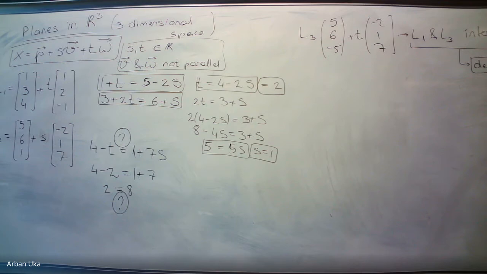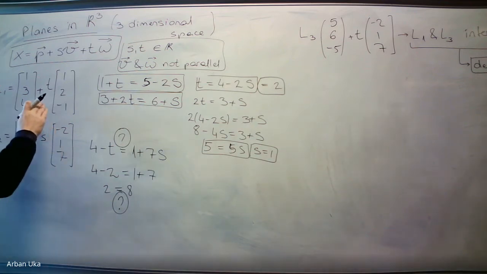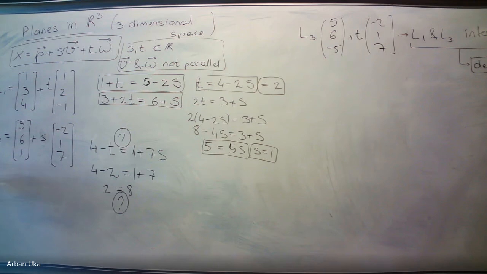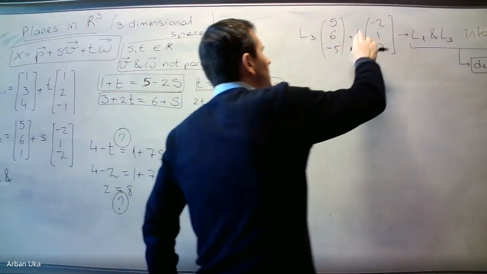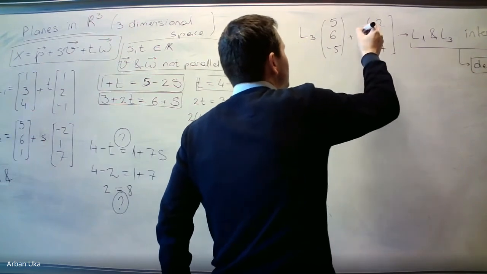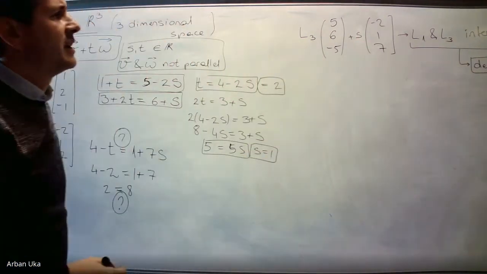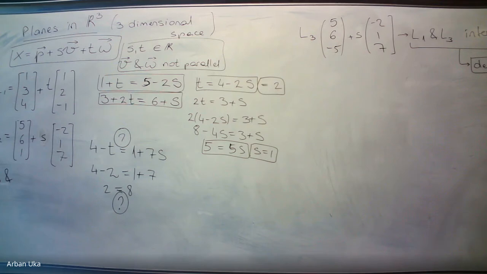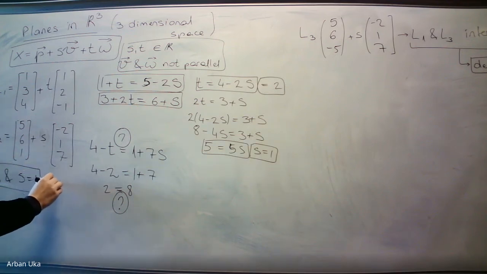Okay, so we can say that whenever t is equal to 2, and let's write this one s, just so that we don't get confused. What could be s? We can also find this out. S can be 1. Yes, S1 and T2 give the intersection. We find the intersection between L1 and L3.